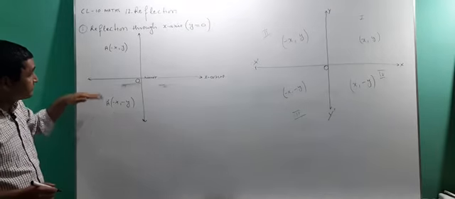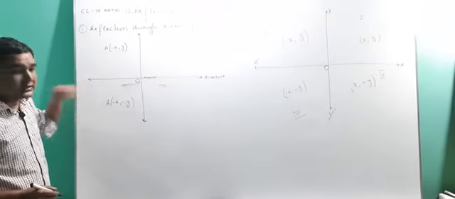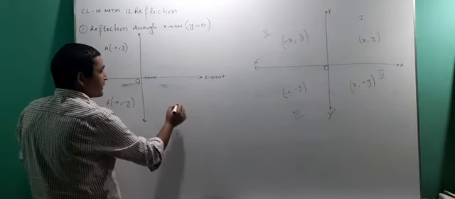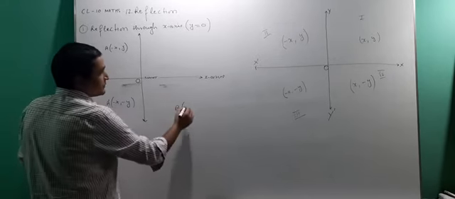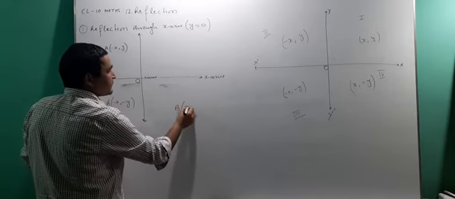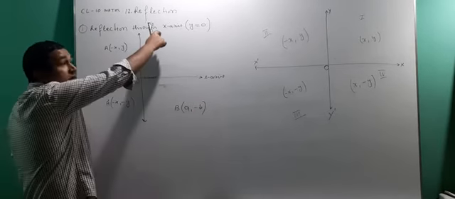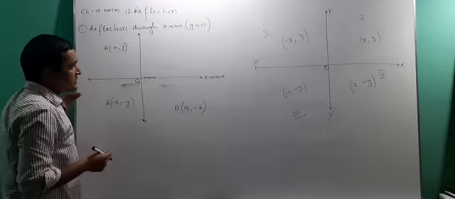In this case, suppose x is a, then y is minus b. Then the question asks to find the coordinate of the image when reflected through the x-axis. Now the x-axis is your mirror.